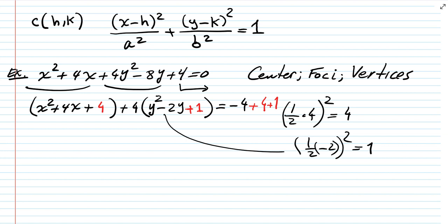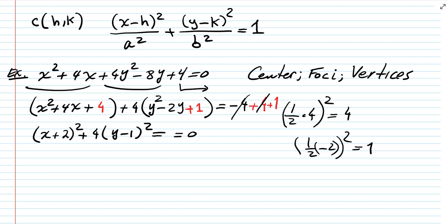All right, and there we go. So on the right side, we're just going to have 0 to the right. What do we have on the left? With the x, I have a perfect square trinomial on the left, so that'll mean I can write it as a square of a binomial, x plus 2 squared plus 4 times, within parentheses, I have y minus 1 squared equals 0 on the right side.